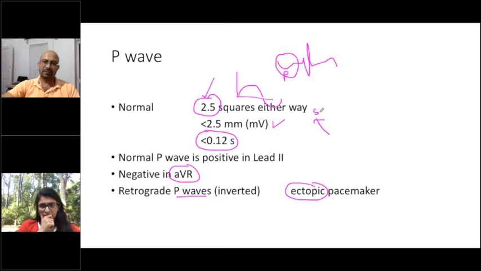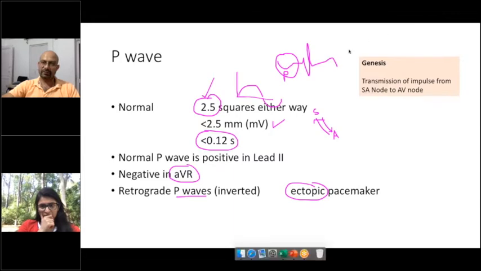So if this was the SA node here and this was the AV node here, in normal circumstances the impulse would have traveled like this, and we would have got a positive vector giving a positive P wave. Whereas if it's traveling in the reverse direction, giving rise to a negative vector, then it will give rise to an inverted P wave, and we say the impulse is coming from an ectopic pacemaker.